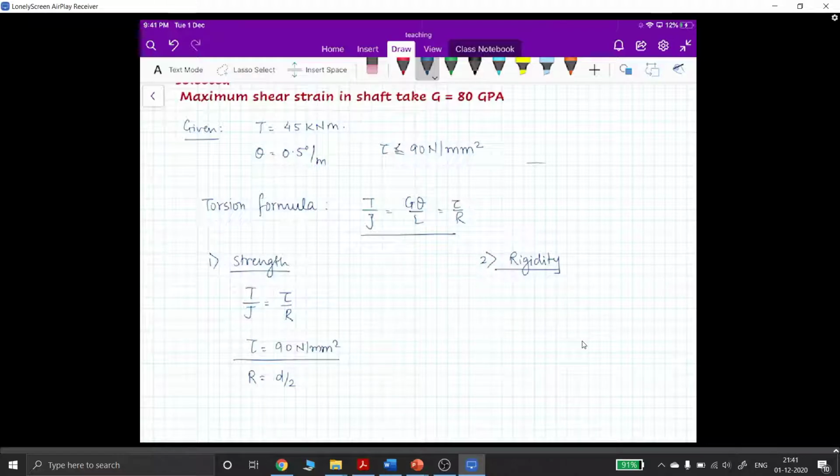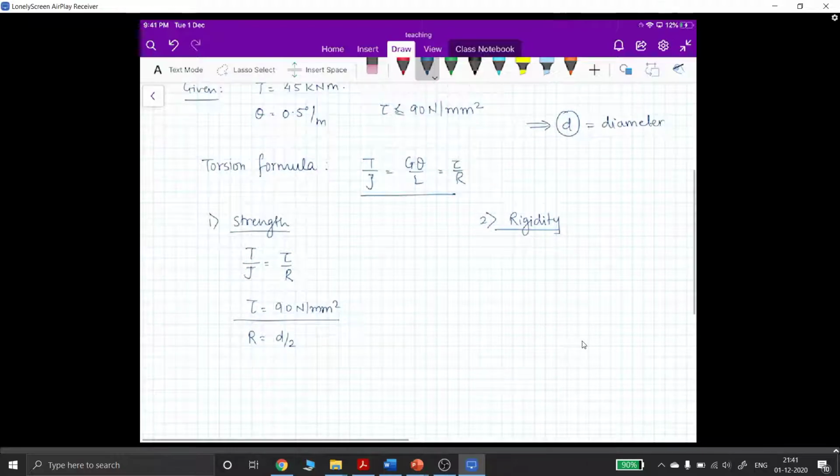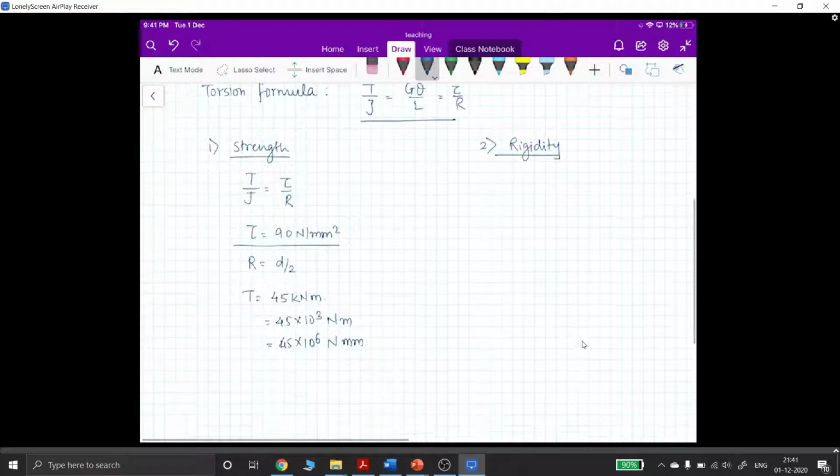Here we need to calculate the diameter. Now T is given to us, 45 kilonewton meter, so it will be 45 into 10 cube Newton meter, and that is 45 into 10 to the power 6 Newton millimeter.